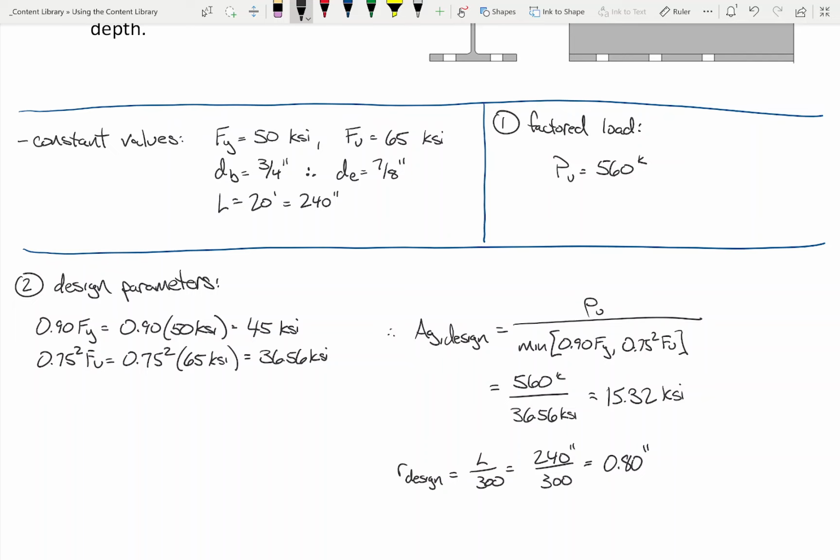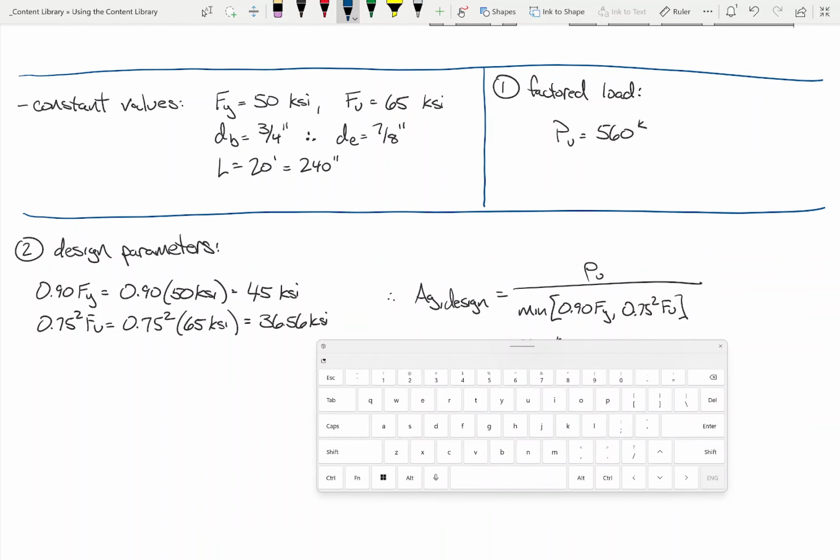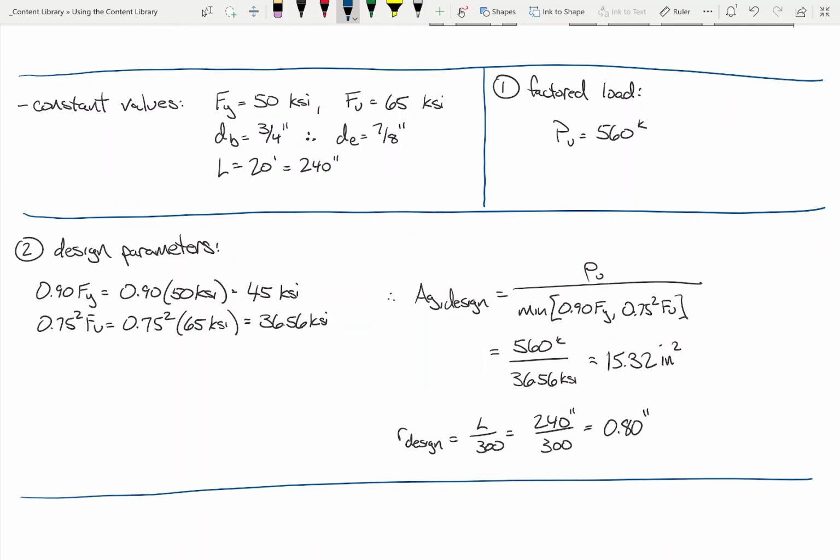The 15.32 should be in. Oh, you're right. As soon as you raised your hand and started talking, I was like, yep, you're right, that's square inches. Thank you. I did this part kind of fast because this part can't go away. Should be familiar. Everybody's good with that? I'm going to leave this up, make sure everybody's good with this. Everybody got this? Okay.